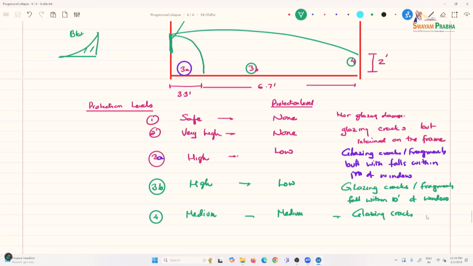So this is within 10 feet of the window, from the window, but within 2 feet height from the floor.